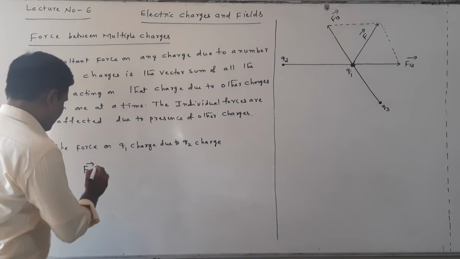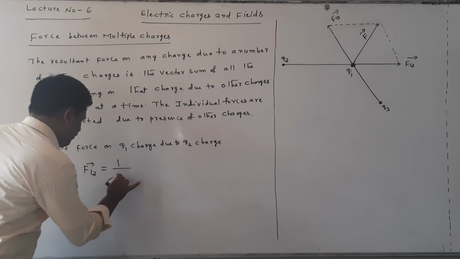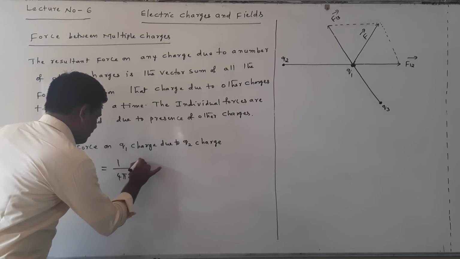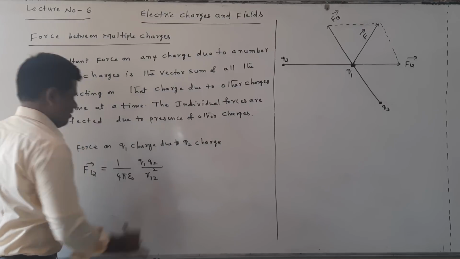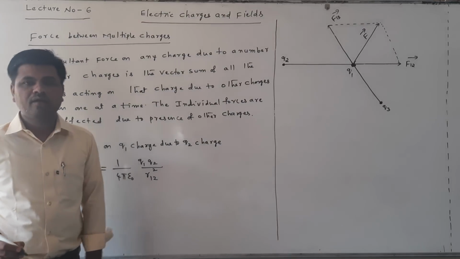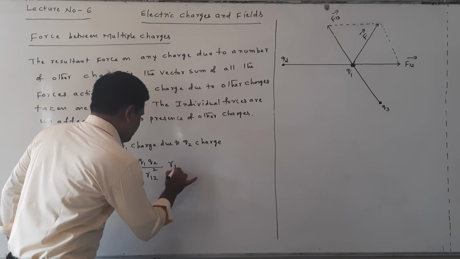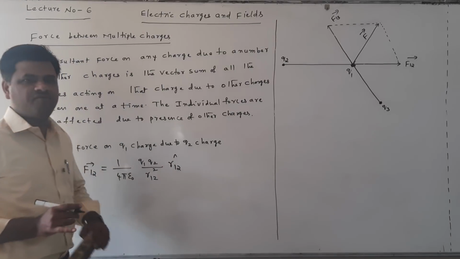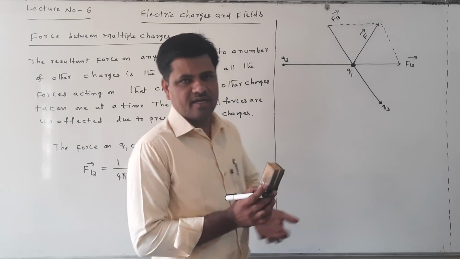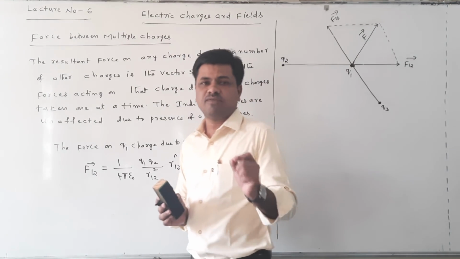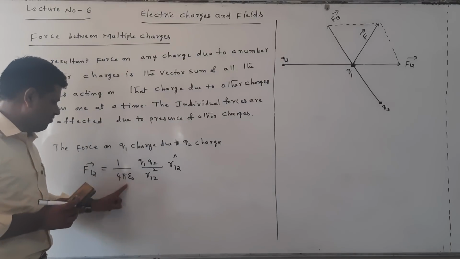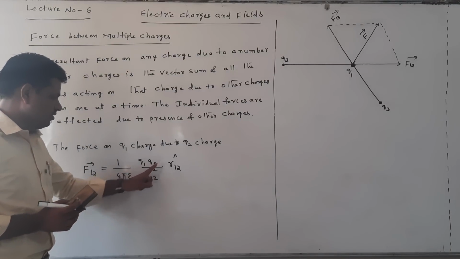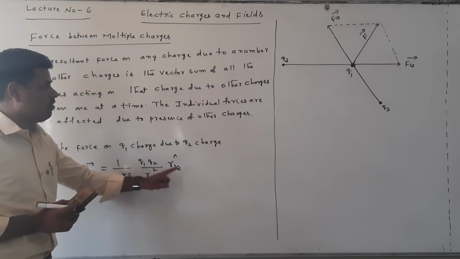F12 bar can be written as 1 by 4 pi epsilon naught Q1 Q2 by R12 square into R12 cap. In the last class we have written the vector form of Coulomb's law, that is F12 bar is equal to 1 by 4 pi epsilon naught Q1 Q2 by R12 square into R12 cap.